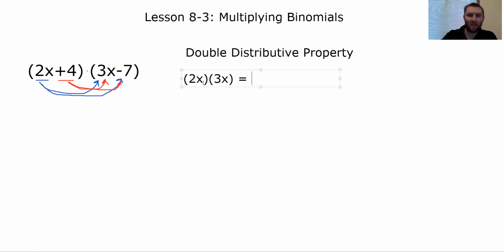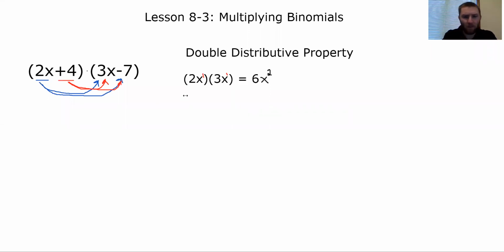So 2 times 3 makes 6. Then we can multiply the variables and combine their exponents, and we think of their exponents as both being a little 1. So what we end up with is 6, and our variable is x with a 2 as its exponent. So 6x squared. That's the first part of distributing 2x.